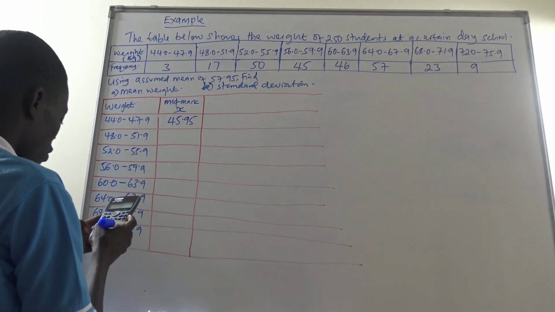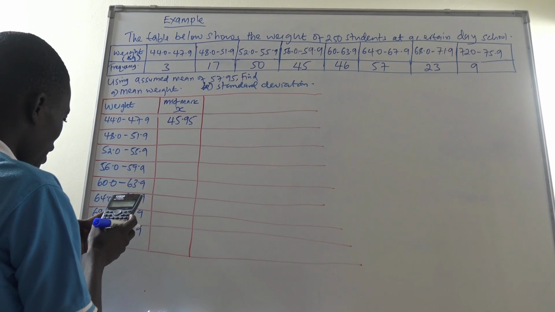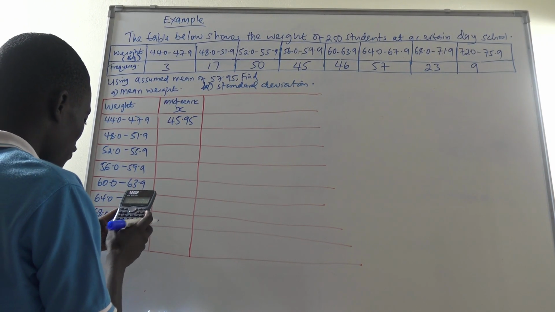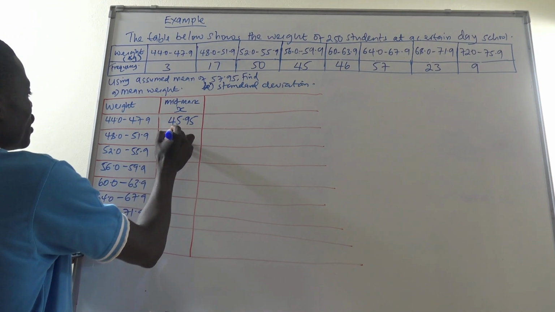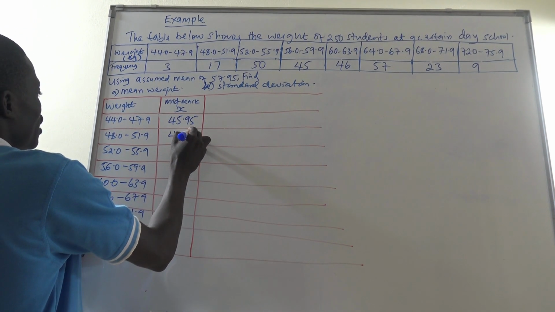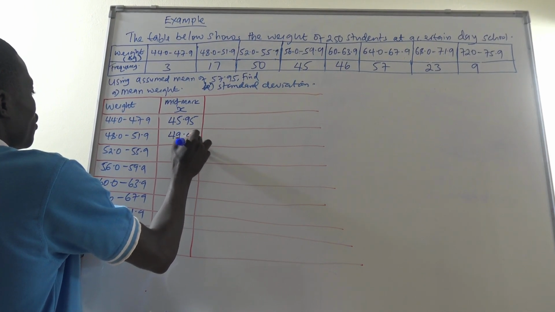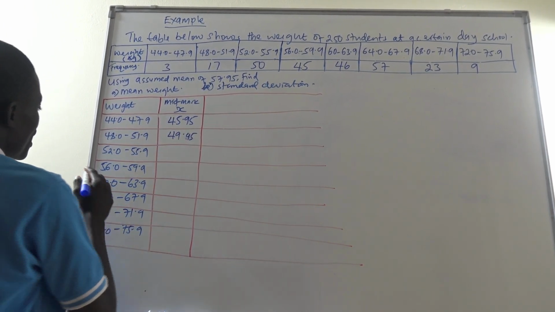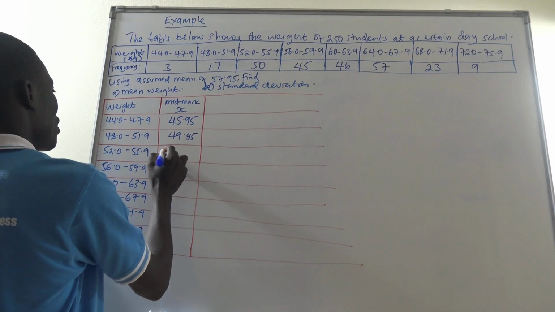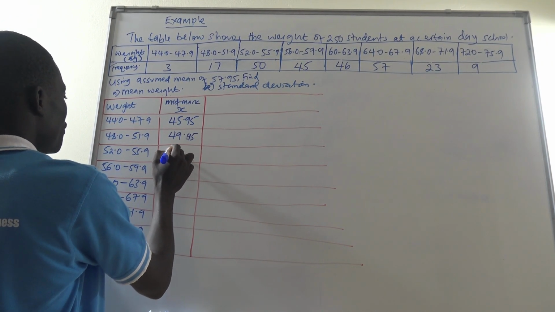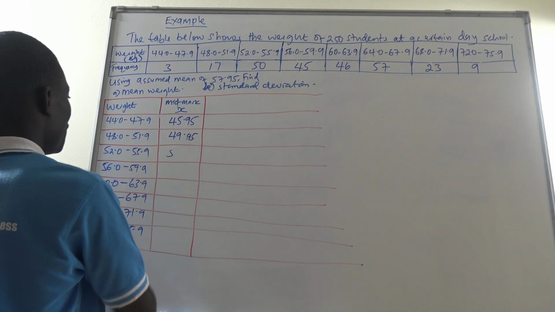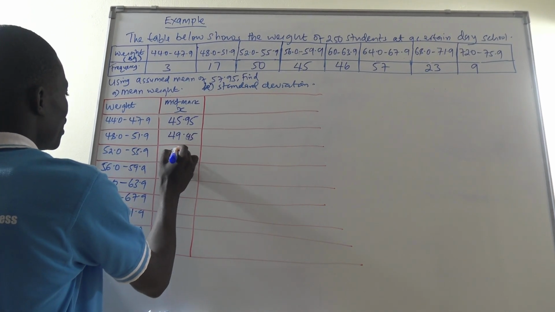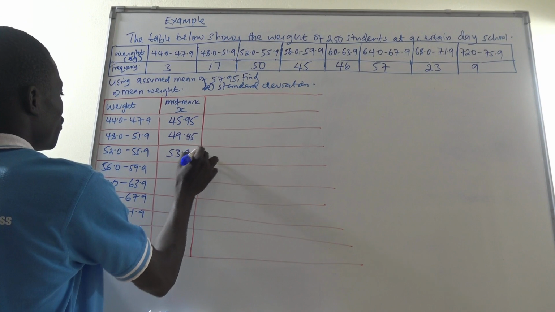Then we have 48 plus 51.9 divided by 2, and we get 49.95. Here we shall get 53.95.